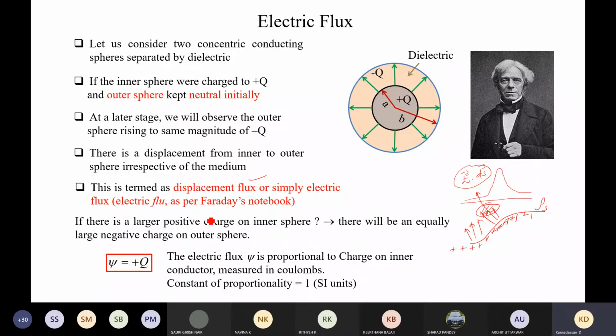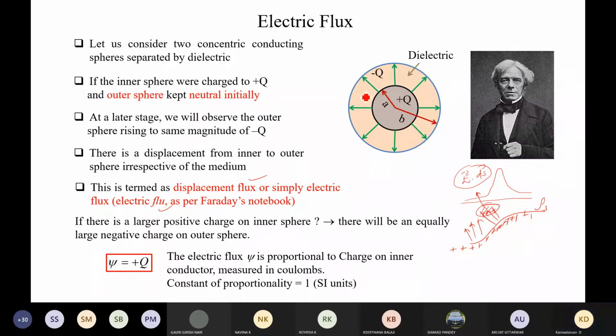In Faraday's notebook, in many places he mentioned, instead of electric field, field flux, or flux, like that. So that is what people named this property: the flux, or the number of field lines per unit area.